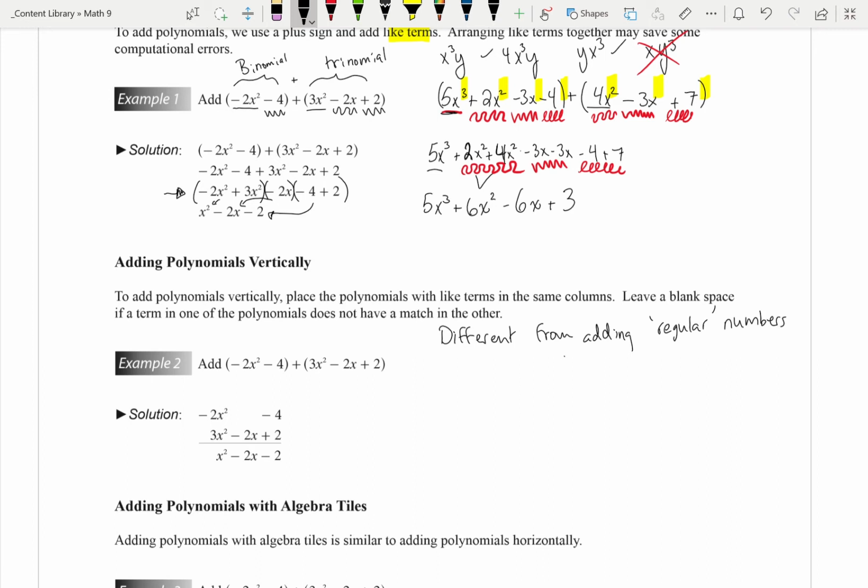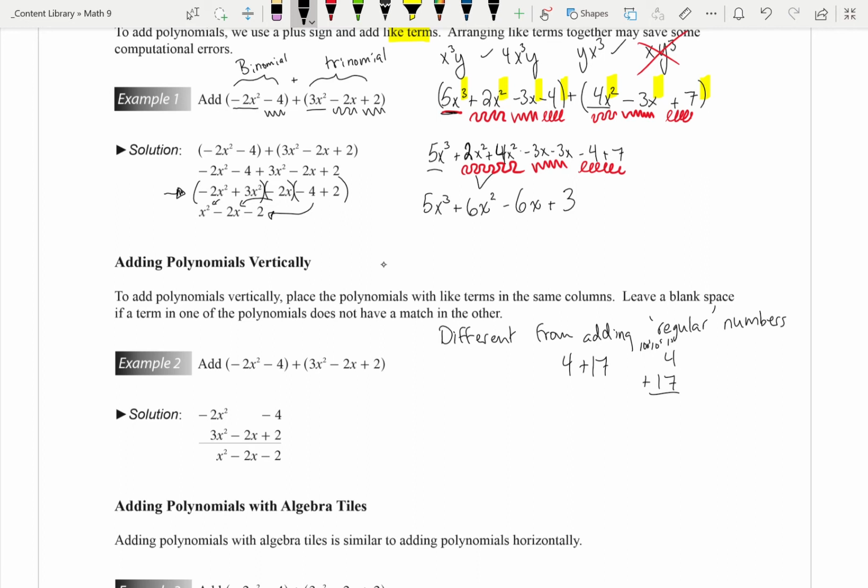So what I mean by that is if you had 4 plus 17, you would do 4 plus 17, and then you could go through and add them together. In this case, kind of similar, we have a ones column here, we have a tens column here, we have a hundreds column over here. But because of how we list polynomials, we have to be careful.